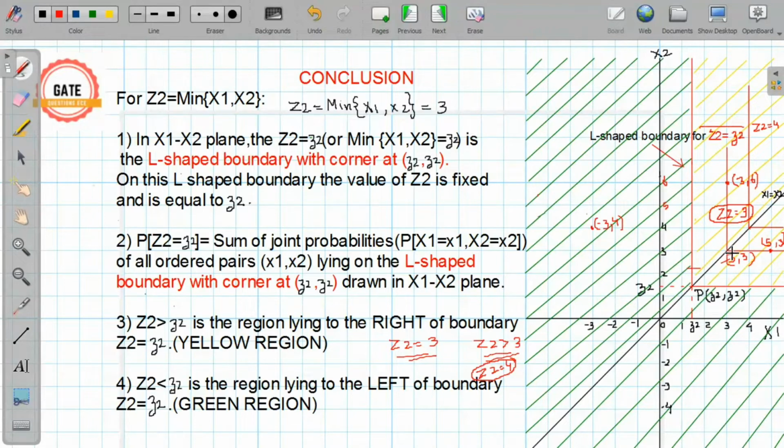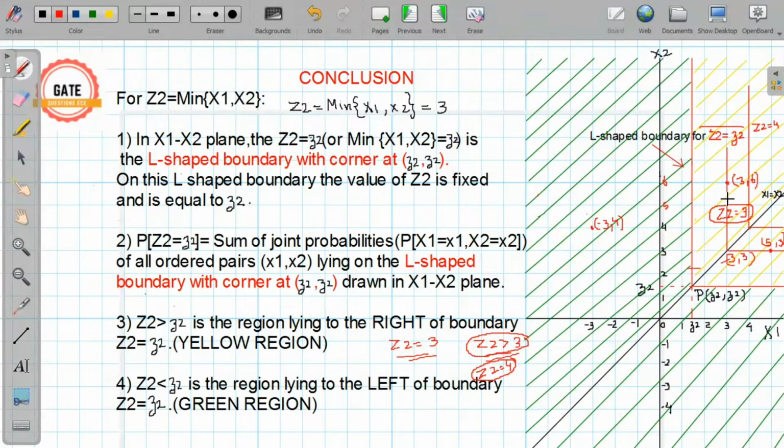Similarly, for all the values which are greater than 3, for example 3.1, 3.2, 3.3, 3.4, all the real values which are greater than 3, we can draw the boundaries here on the right side of this Z2 is equal to 3 line. So all the boundaries for which Z2 is greater than 3 will lie to the right of this Z2 is equal to 3 line. So this whole region which lies to the right of this line, we can say that region is Z2 greater than 3.